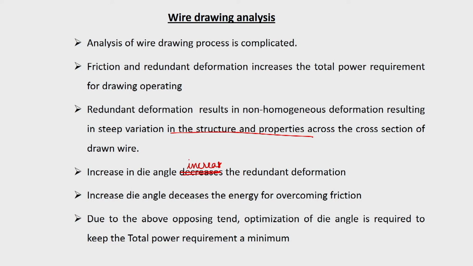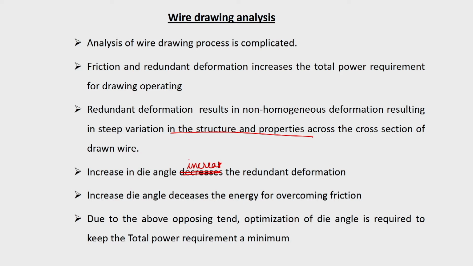And an increase in the die angle decreases the energy for overcoming friction, because if the die angle is increased, the total contact area becomes less, so the frictional interface contact area becomes less, and thereby the frictional energy decreases. So, these are two opposing phenomena taking place because of the die angle. One is increasing the power requirement, another is decreasing the power requirement.